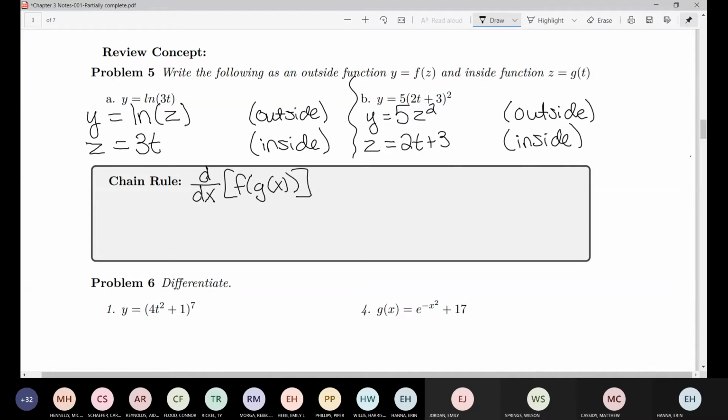Now I wrote that in Leibniz notation, and now I'm going to switch to Newtonian, because writing the other side of this rule in Leibniz notation is absolutely disgusting. So I'm going to write it out in symbols, and then in words. We would have f prime of g of x times g prime of x.